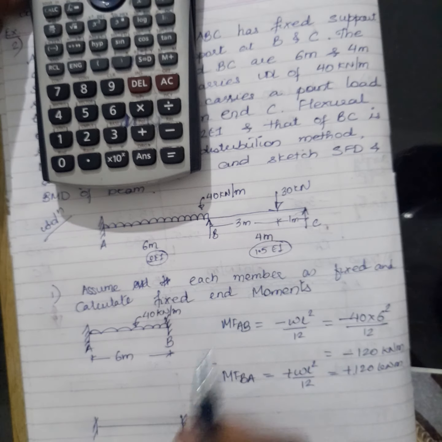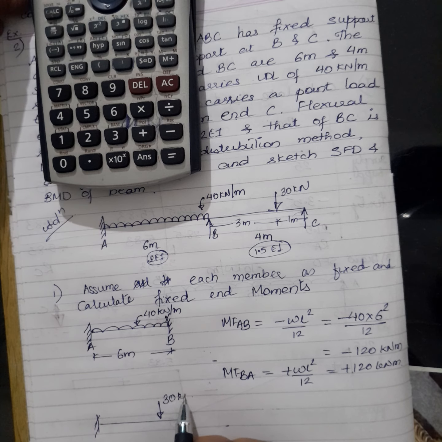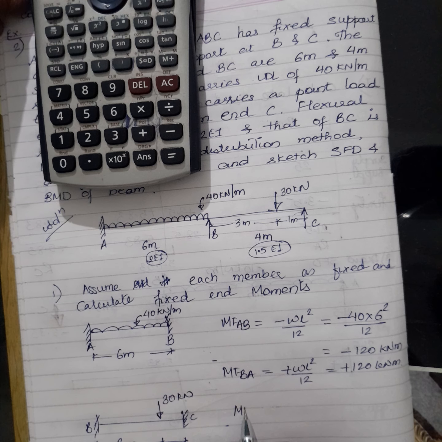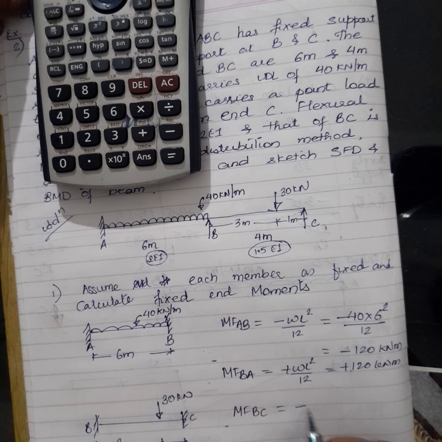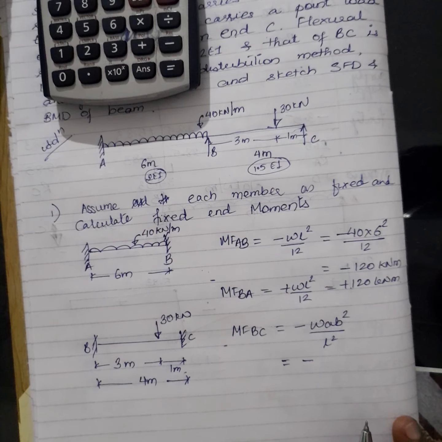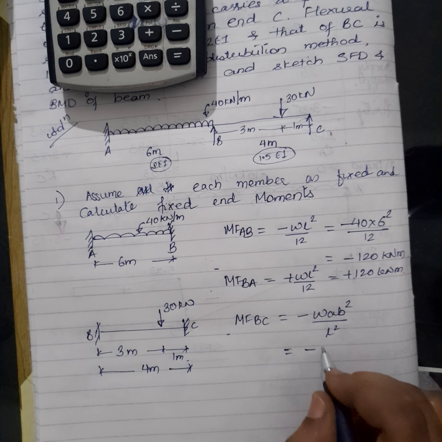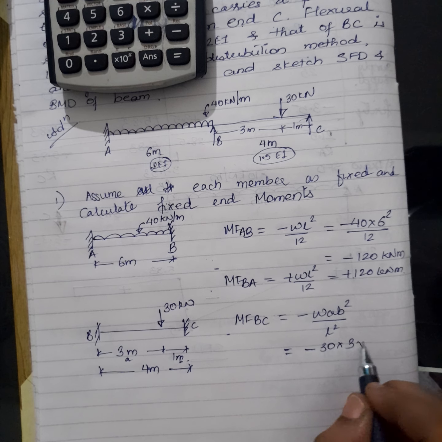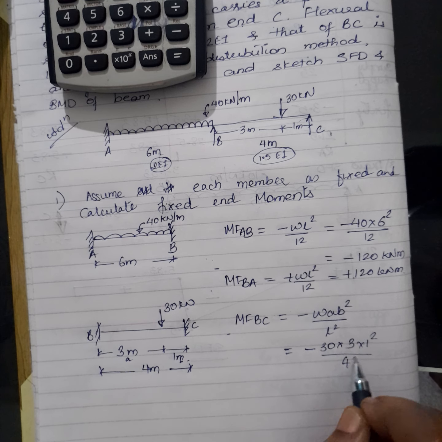Then the next span, that is BC. Assuming this as fixed, that is the 30 kilonewton load. We have 3 meters here, 1 meter here, and this is 4 meters total, and this is BC. So I write MFBC is equal to minus W A B square by L square. Substitute minus 30 into 3, this is A, this is B, into 1 square divided by 4 square.